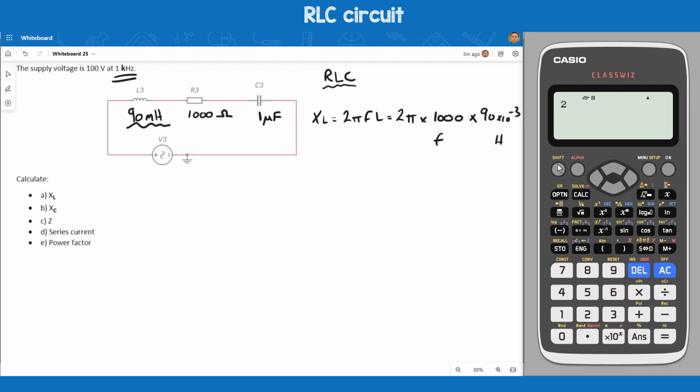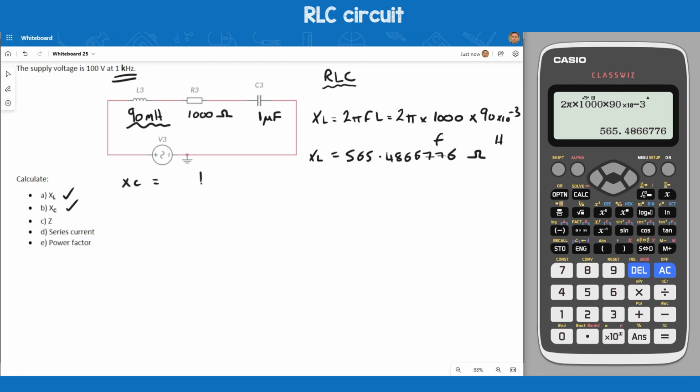So we do 2 times pi times the frequency, 1 kilohertz, times 90 millihenry, or 90 times 10 to the minus 3. So the inductive reactance is 565.4866776 ohms.